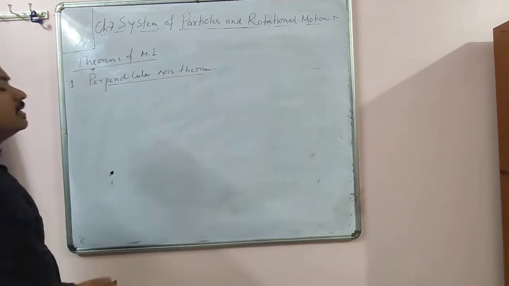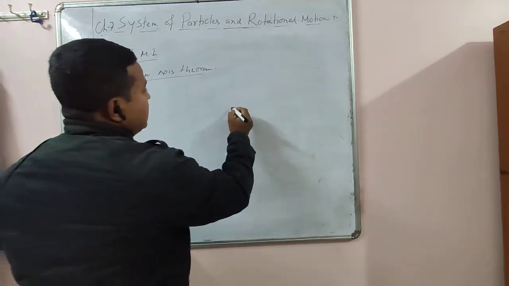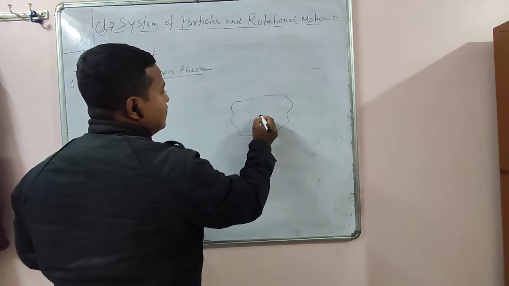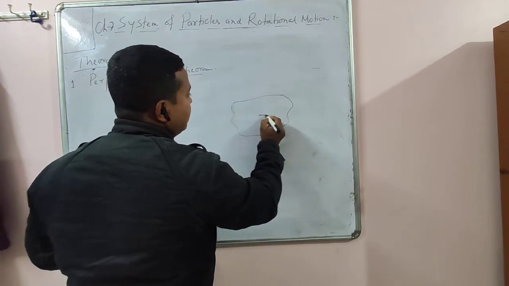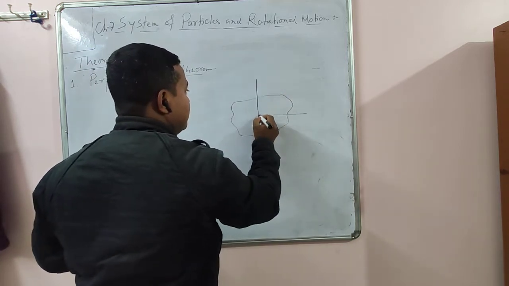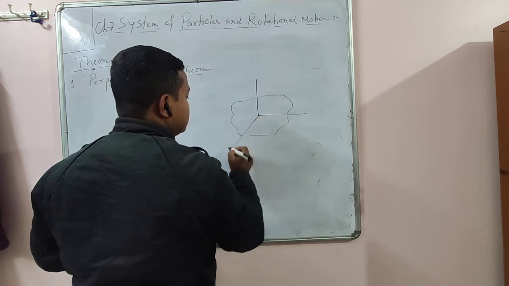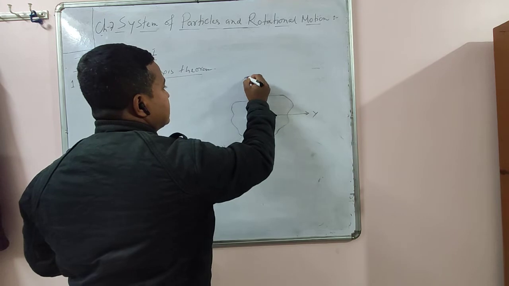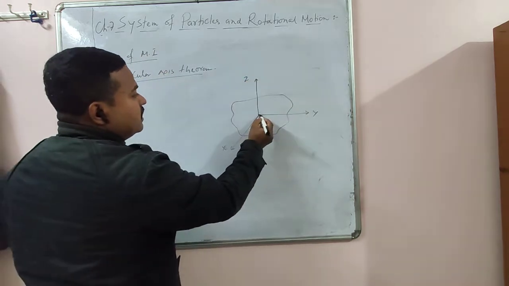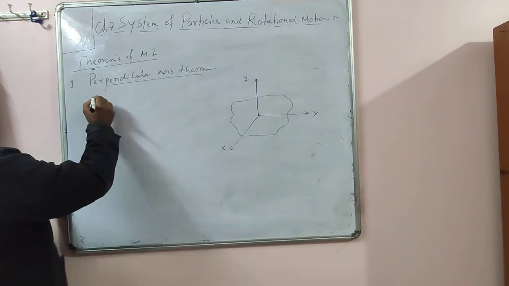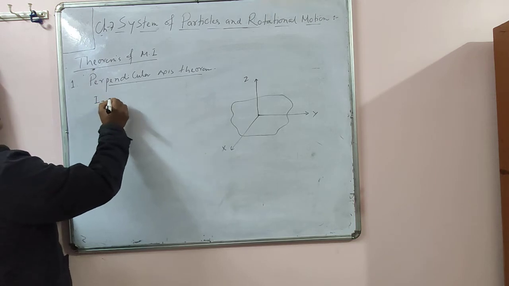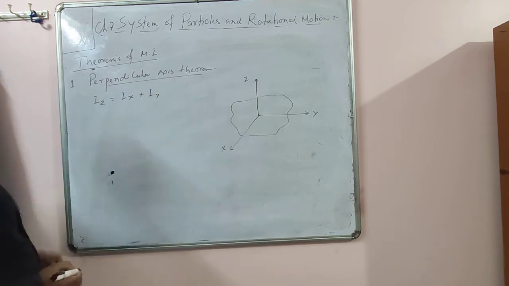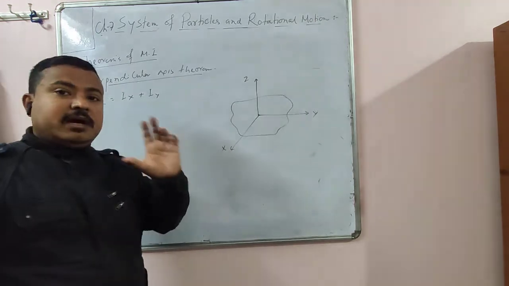It is very simple. So you see, suppose this is any rigid body. This is the center of the body. These are 3 axes, concurrent axes, suppose the x-axis, y-axis, z-axis. Now the theorem is: Iz is equal to Ix plus Iy. Very simple. But you have to see the axes carefully.